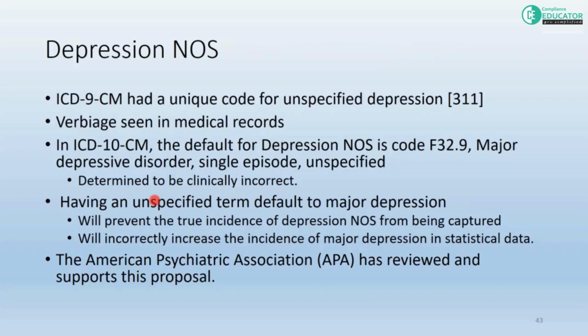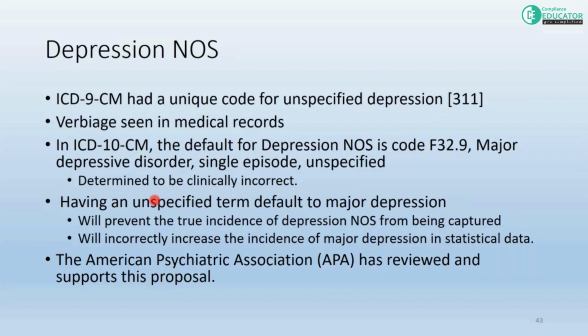Now here's another biggie to put a star by. We all know that we hate it. We lost our 311 code for depression, and when we came over to ICD-10, the crosswalking code took us to the F32.9 major depressive episode, major depressive disorder, single episode unspecified. And you just went, boy, that just doesn't feel right. Well, guess what?